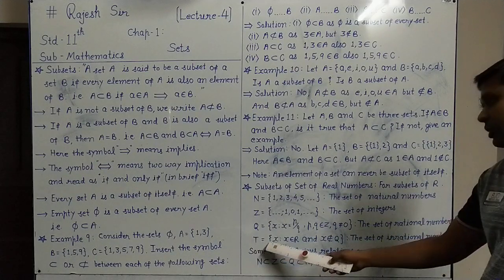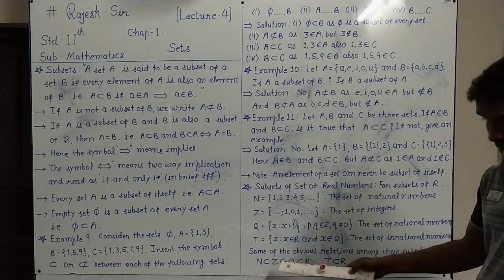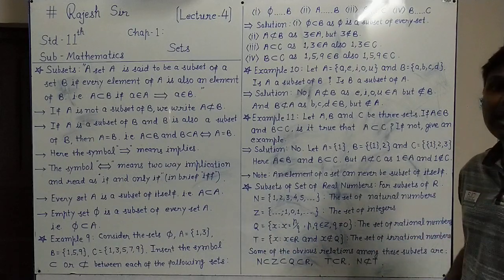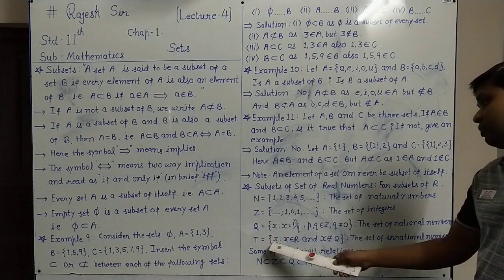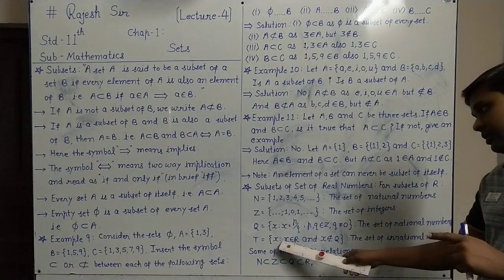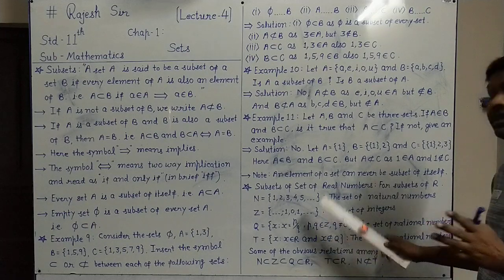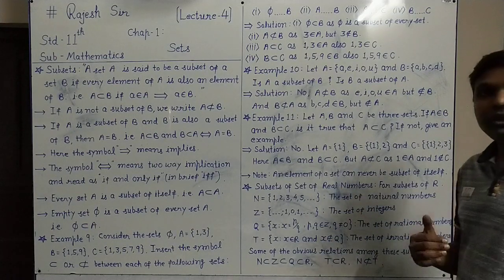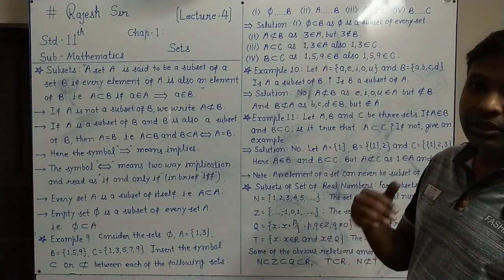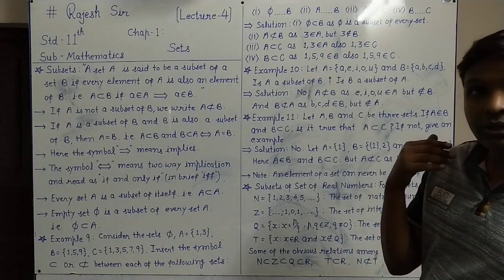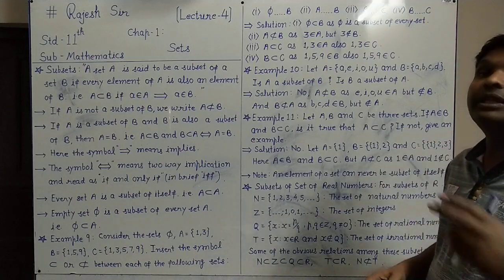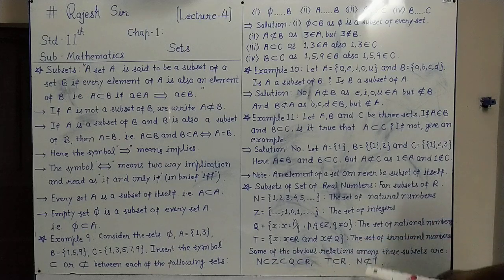And T equals x such that x belongs to R, means the number is a real number, but x doesn't belong to Q, means it's not a rational number. So we know that if the number is a real number and it is not a rational number, it is called an irrational number. So this T is the set of irrational numbers.